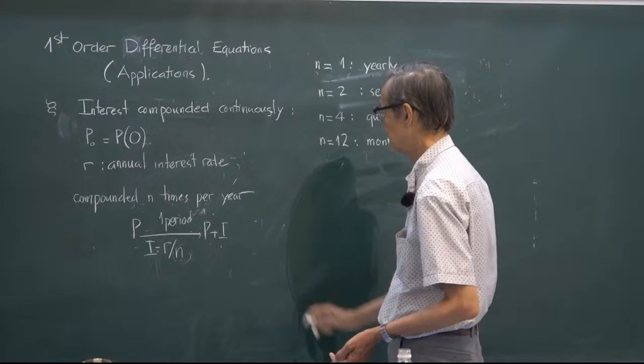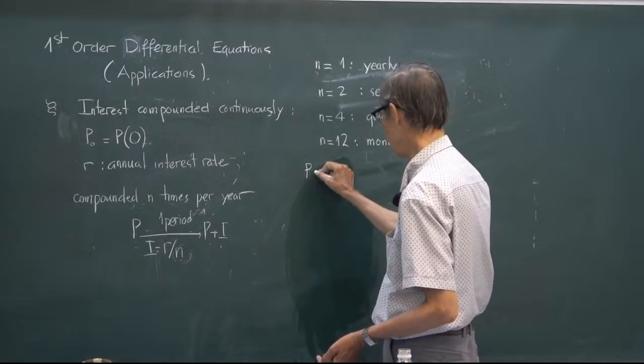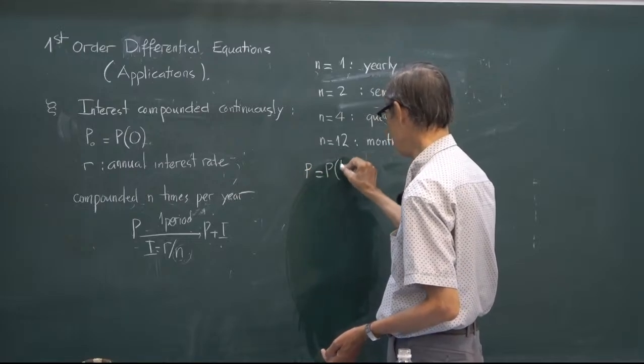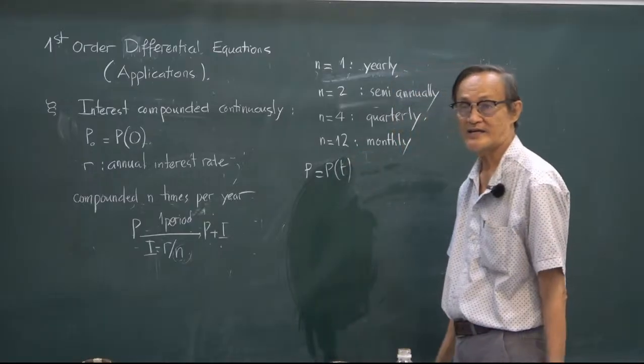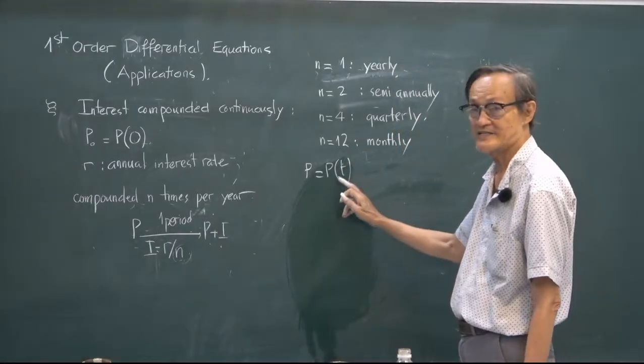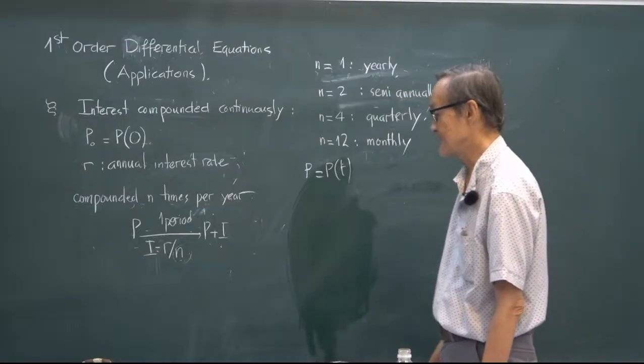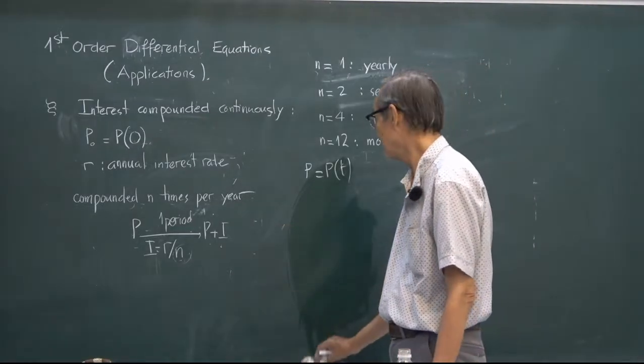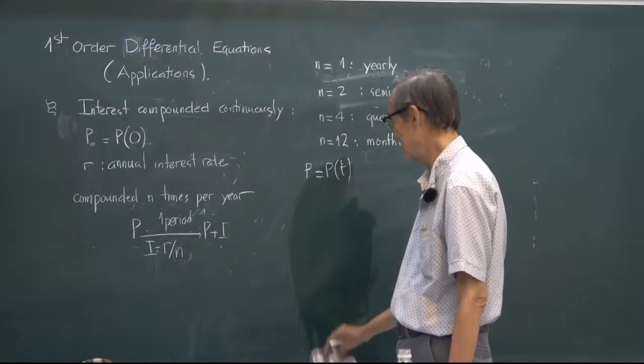Okay, and we put P equals P of t, the accumulated amount of money at time t.